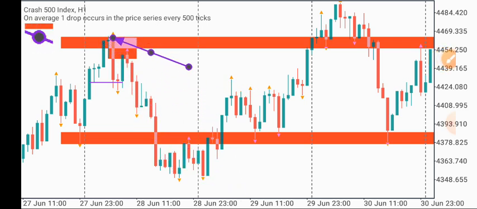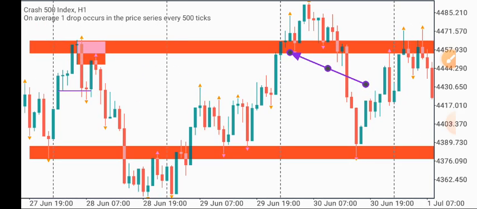For the resistance, you will want to see price move very fast. If price moves very fast from this particular place, it means that this is a very strong place in the market. So we just want to take note of it and wait for price to come back. When price comes back to it, we are not going to enter immediately. What we want to see is how price reacts at that level.